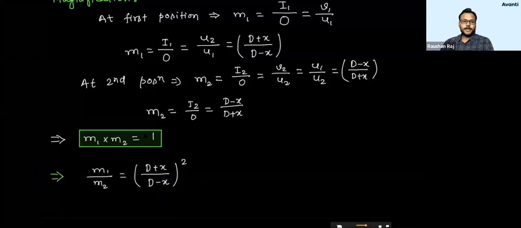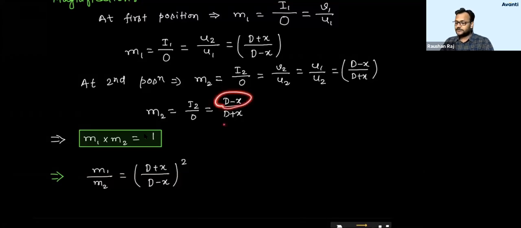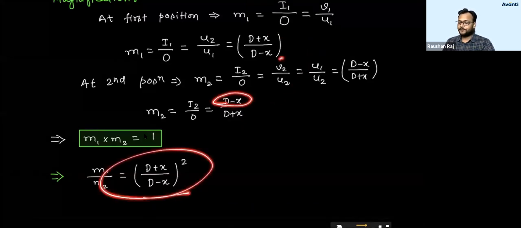Alright guys, clear है सबको? So M1 divided by M2 can be written as (D plus X) divided by (D minus X), whole square. Because if you divide M1 by M2, you get (D plus X) divided by (D minus X) divided by (D minus X) divided by (D plus X). So this will go to the numerator and this numerator will remain in the denominator of the ratio. So this is the answer that we are going to get.